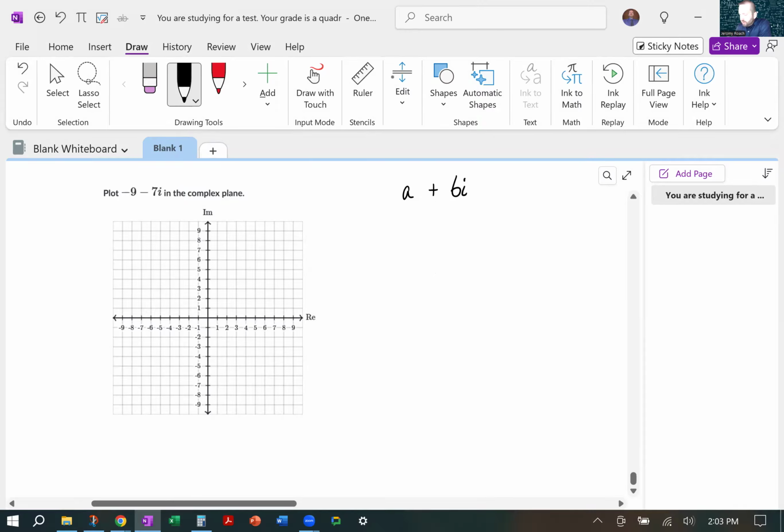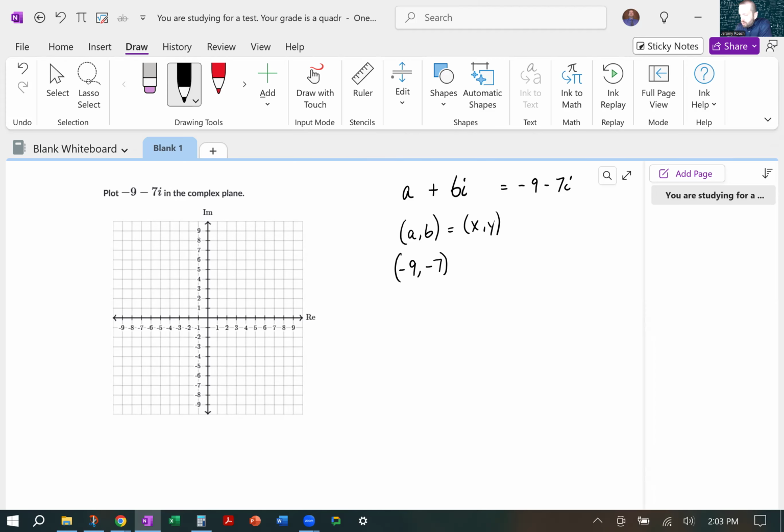The coordinates, though, are just a comma b, and that's equivalent to x comma y. So this value here is going to be negative 9 minus 7i. So a is negative 9 and b is negative 7. And that's going to be our coordinate.